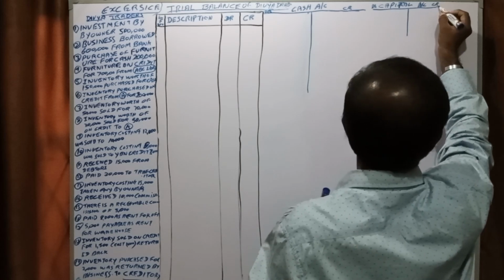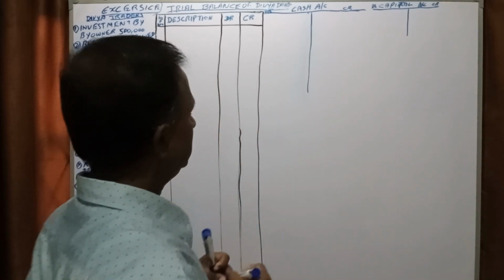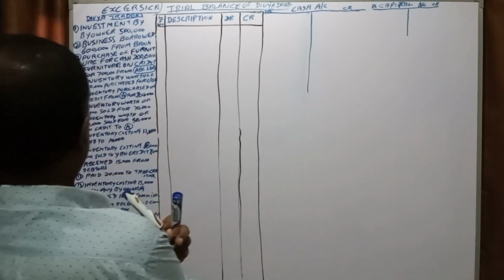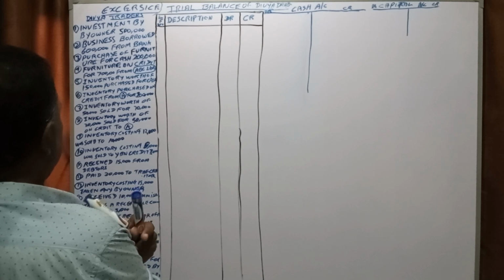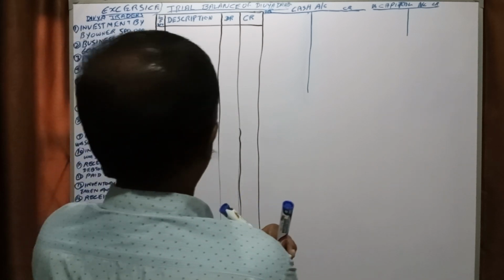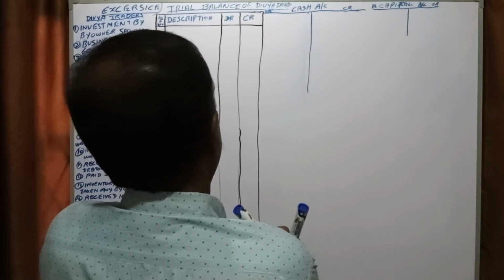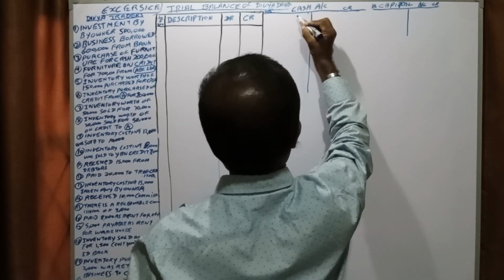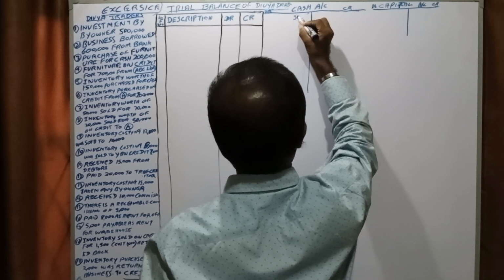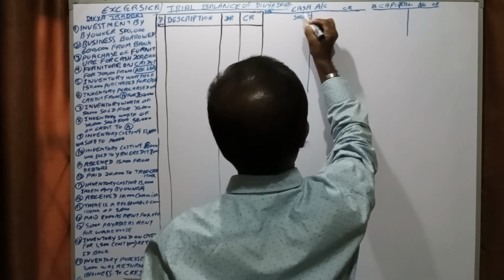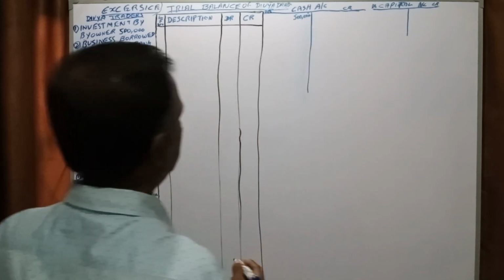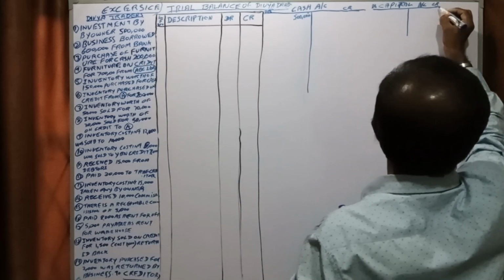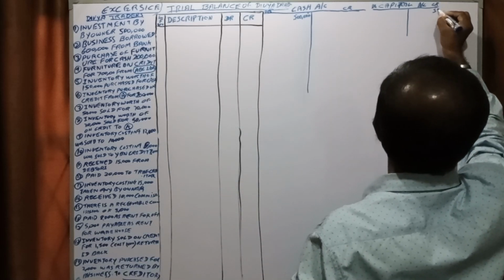He is bringing an investment by owner of 500, then you debit the cash account. This is the debit side, and you put 500. And you credit that to the capital account, 500.